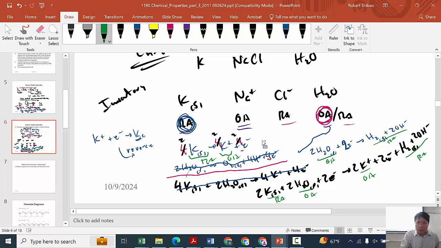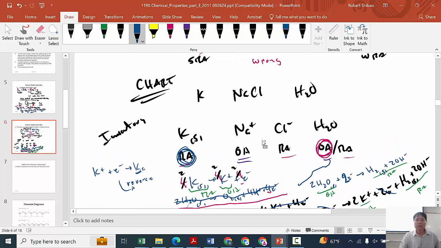Water is a stronger oxidizing agent than potassium. So this is driving force. I ran out of room. So cleaning this up, we're going to cancel out the electrons here. And that looks to be it.